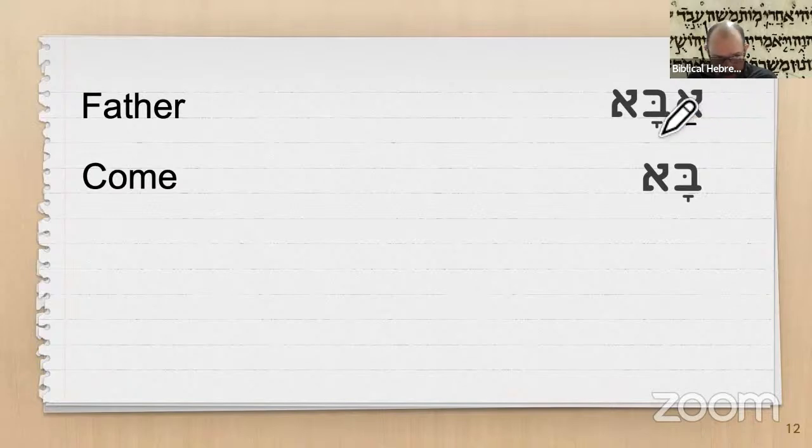We pronounce it like this: A, Ba. You see the difference? This is long, and this is short. A, Ba. Everyone knows what Abba means: a father.